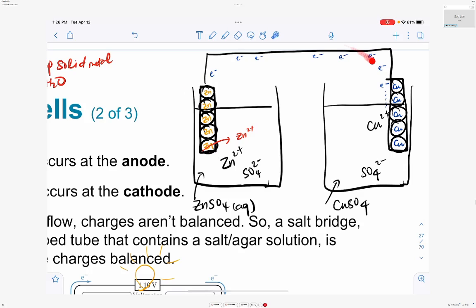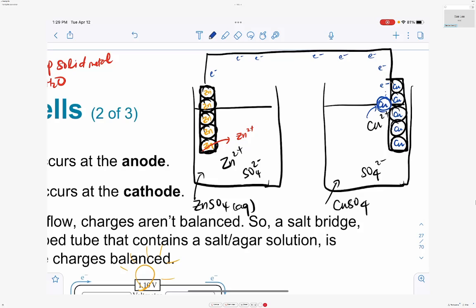After copper 2+ gains electrons, it is now in reduced form, right? So copper 2+ will become copper, a neutral metal.